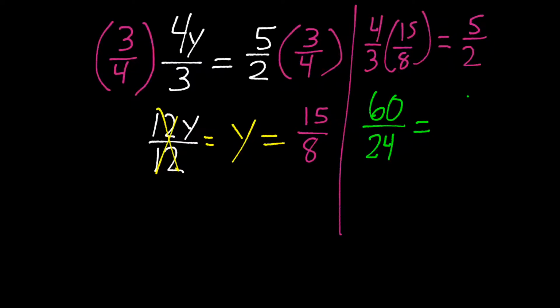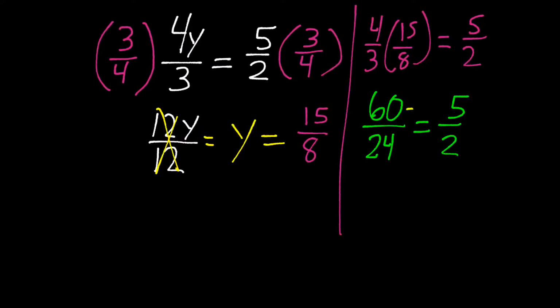And we start to maybe get a little worried, because 60 over 24 is not the same thing as 5 over 2. It looks different. But this is where we hopefully remember we should always simplify our fractions if we can. Now it just so happens that the greatest common factor of 60 and 24 is 12. They share a factor of 12.